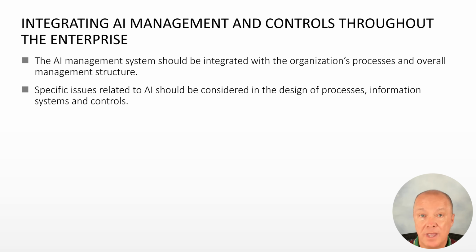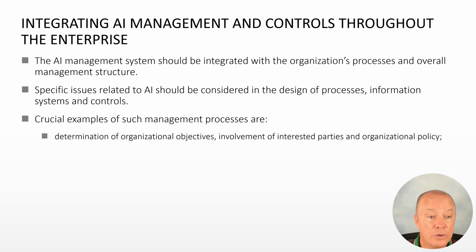Crucial examples of such management processes are the strategic determination of organizational objectives themselves, the involvement of interested parties, as well as how all of this is documented into our organizational policy.